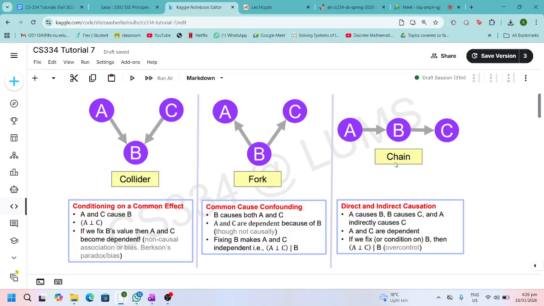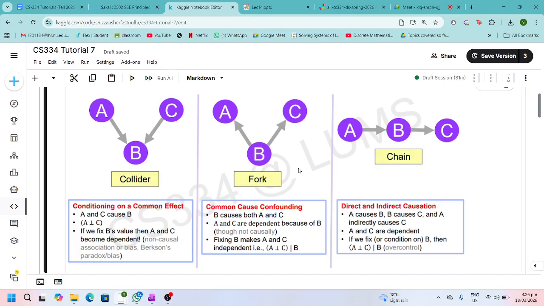So if you're measuring the true effect of A on C of one variable on another, you don't condition on a mediator. Conditioning on a mediator makes two variables independent of each other. Are there any questions? No. Okay, so that's the first structure in a causal graph that you should be familiar with.